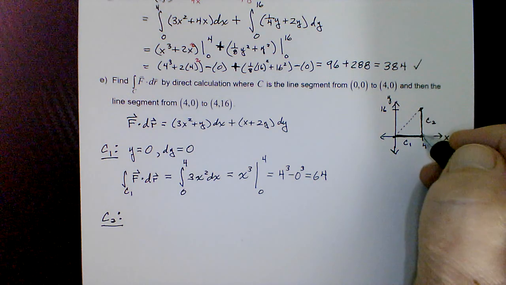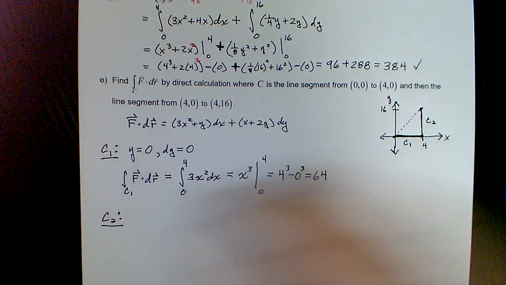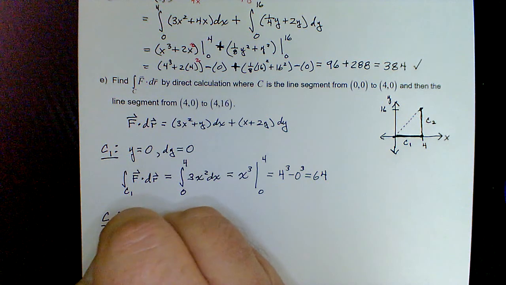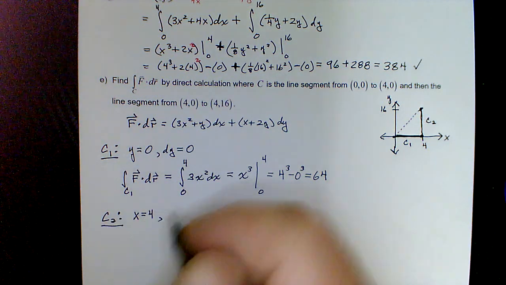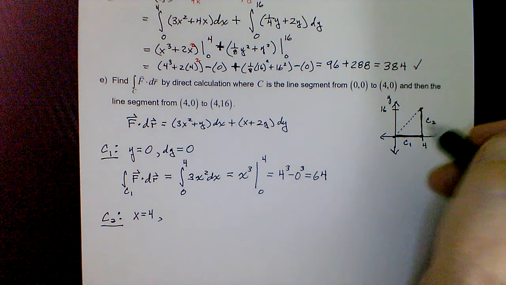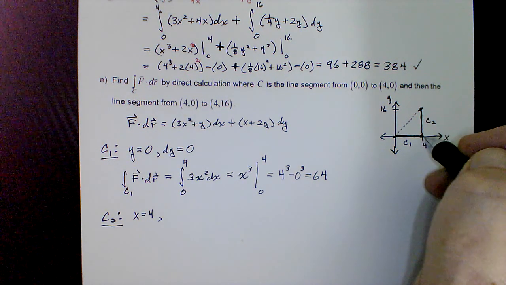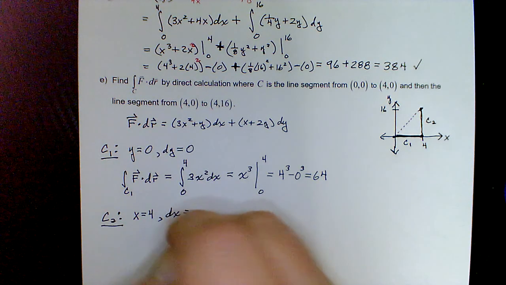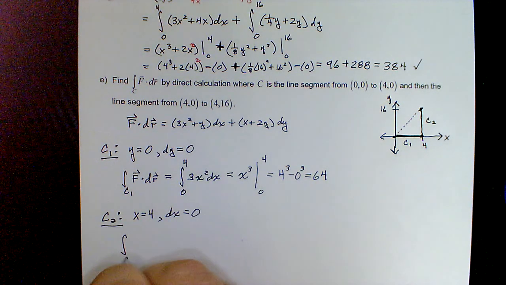X is always 4 because you've got the vertical line. So y is changing as you go along C2. So we could state that x is 4. Then here's the important part, the differential. See, y is changing, so dy is changing, but x is not changing. So therefore we could say that dx is 0.